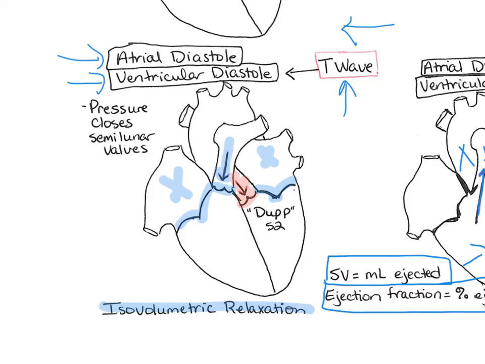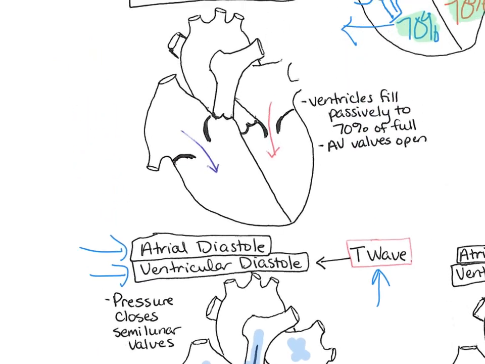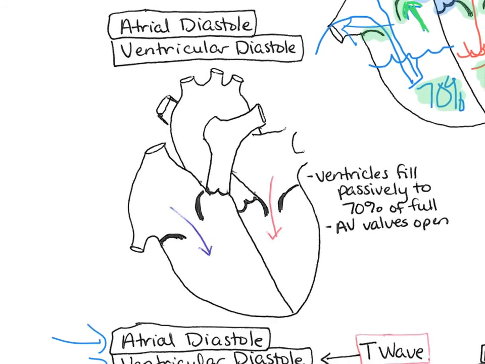Then we get into the last phase of ventricular diastole. And this is when the ventricles are so relaxed that the pressure in the atria is exceeding the pressure in the ventricles, and it forces those AV valves to open up.